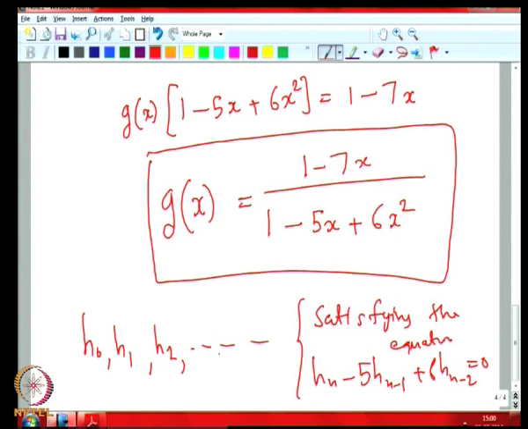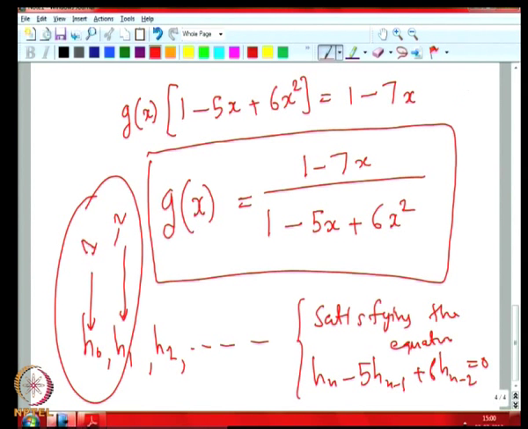Not only that, with the initial values 1 for h0 and minus 2 for h1. These are also incorporated here, because after using that only we derived this formula. In the end we substituted the values for h0 and h1, right. So this already considered the initial values, and also this relation.